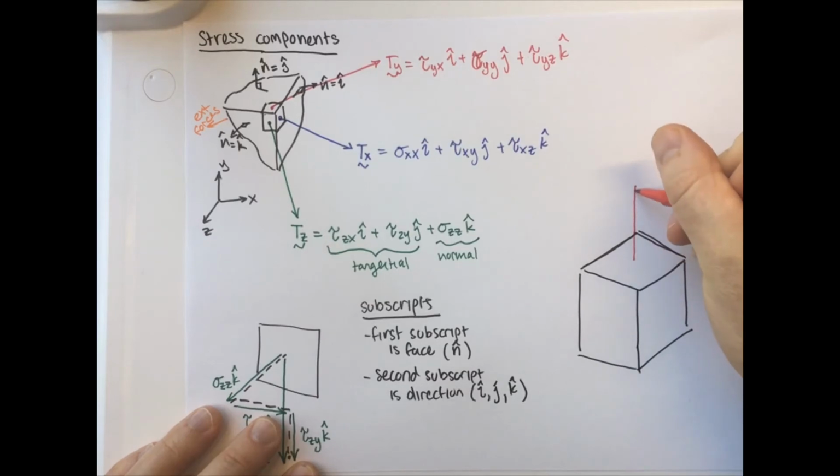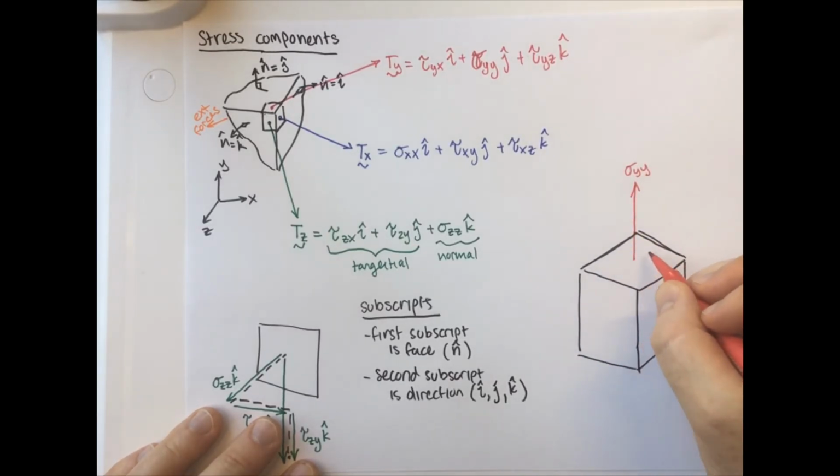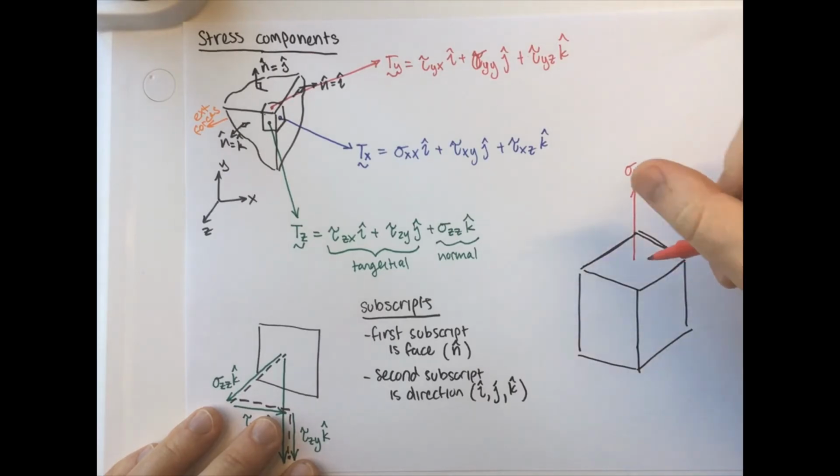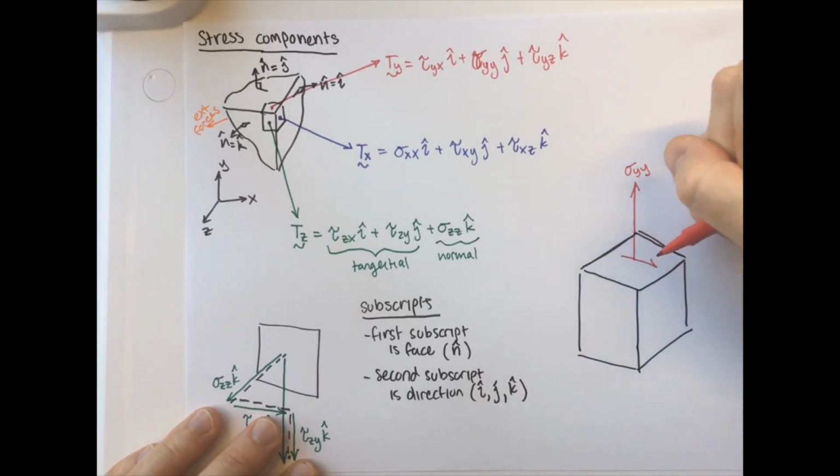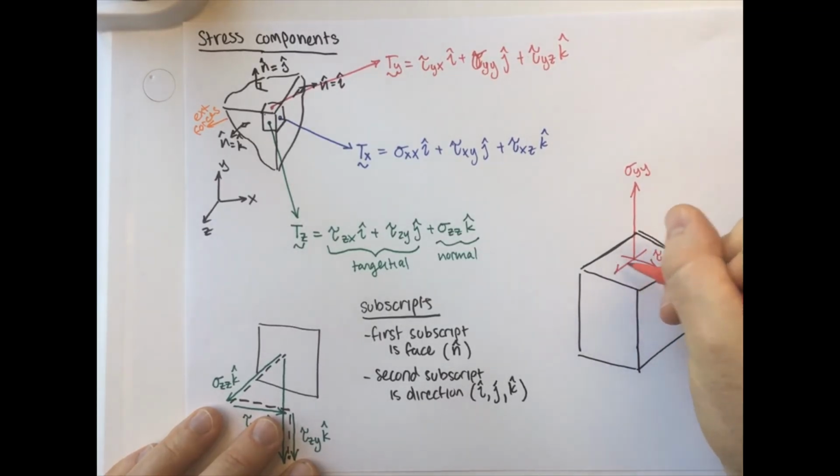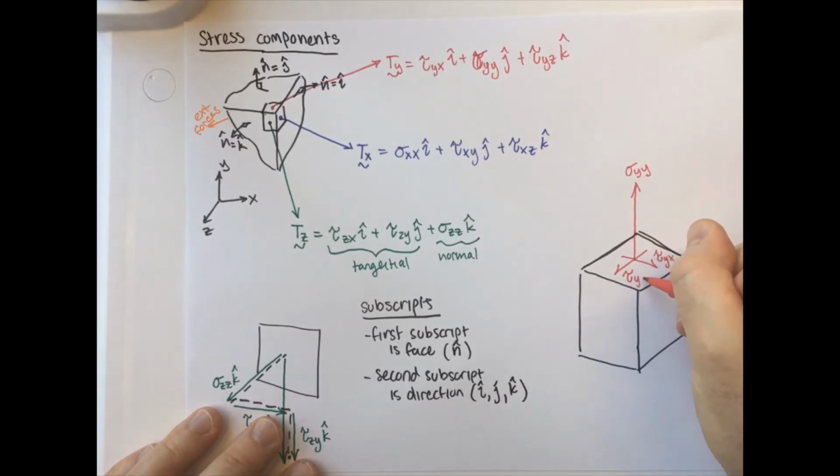At the top here, we can have our sigma yy, which is the normal stress on the y face. We also have the tangential component. We're going to call that tau yx. That one here is going to be tau yz.